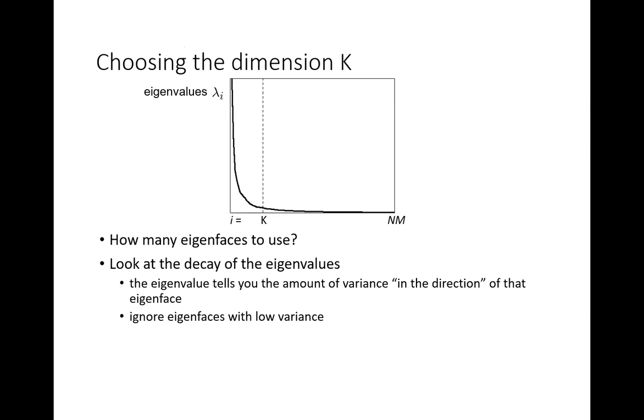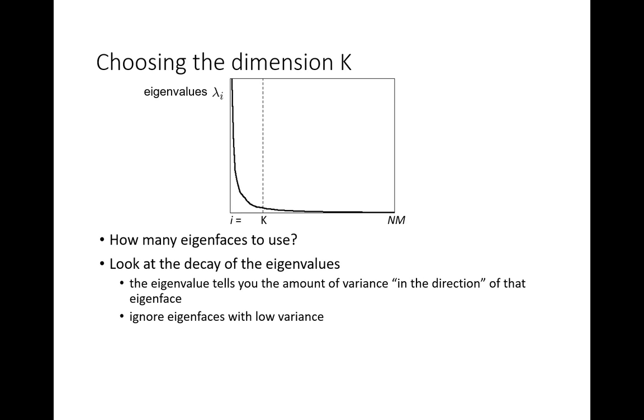Anytime you apply PCA or SVD, the question is how many eigenvalues I should keep. And the answer is similar to what I mentioned earlier. You make a plot of all the eigenvalues as they are falling and try to locate a point which you can call a knee point, where things start falling much more rapidly.